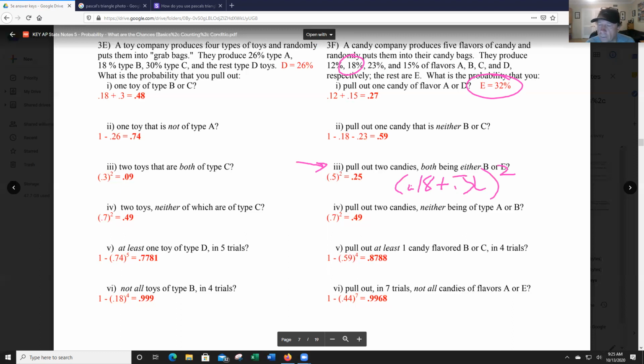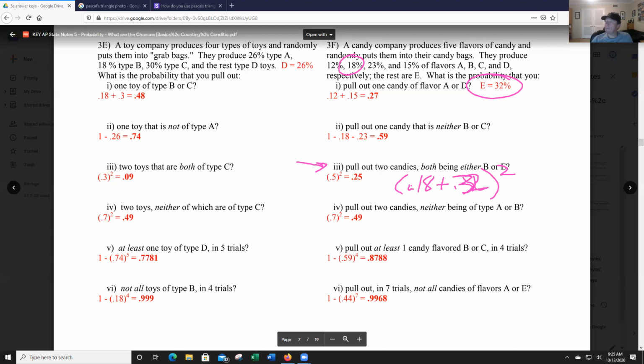You're doing it twice. And again, assuming there's replacement here. We don't have the totals to count down, assuming we have replacement, or assuming we have giant amounts of candy where pulling one out does not significantly change their proportion. That is a concept we'll talk about in subsequent chapters.